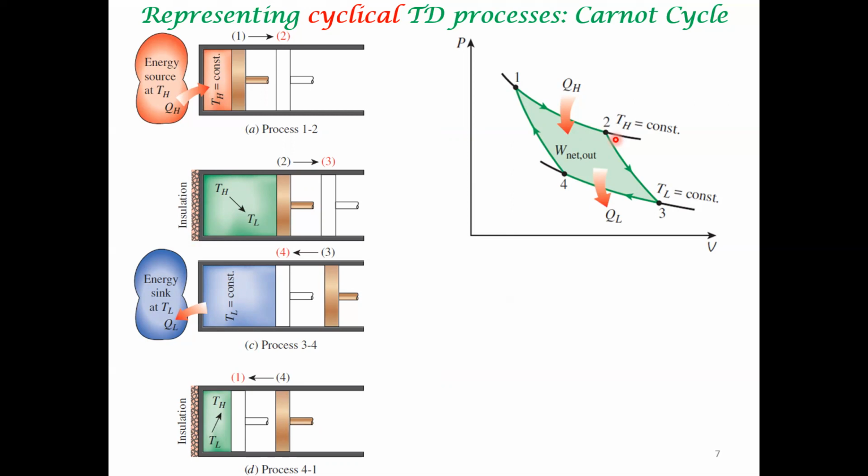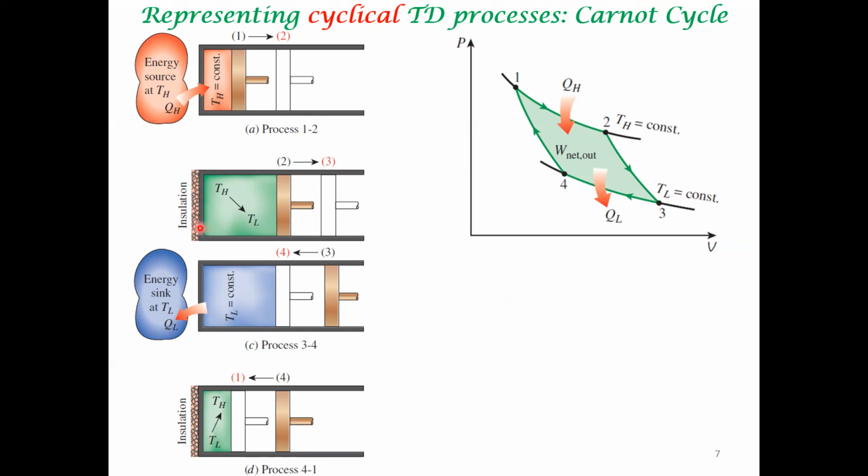So you can use an ideal gas to build your intuition and for further mathematical analysis, which you would see in the next couple of lectures. So here in the first process, 1, 2, it is an isothermal expansion by accepting heat from a high temperature reservoir. The next process is 2, 3.